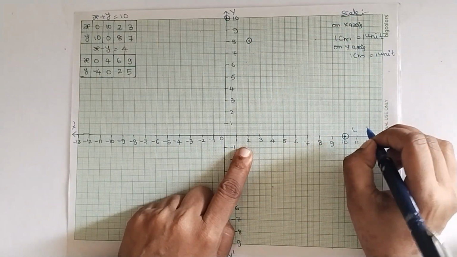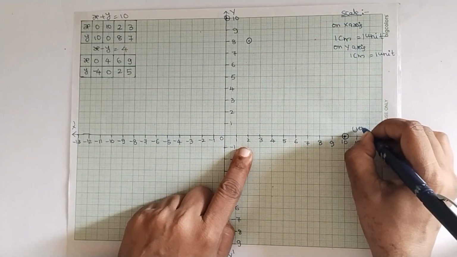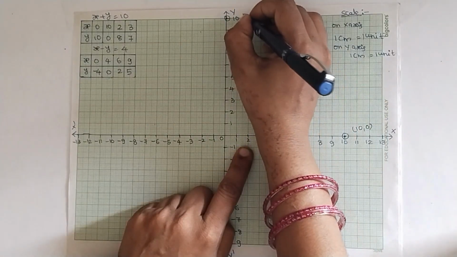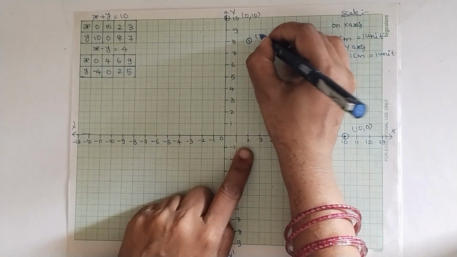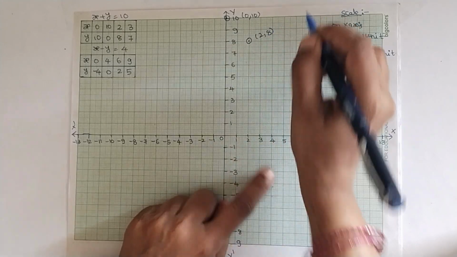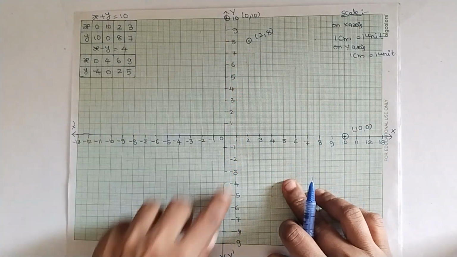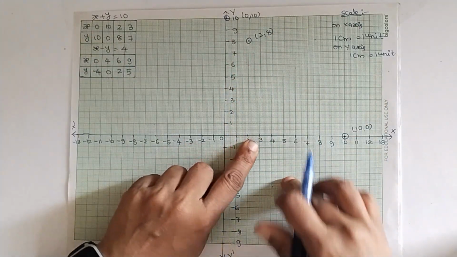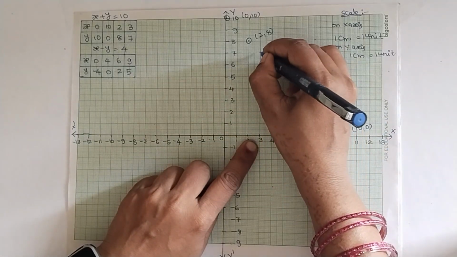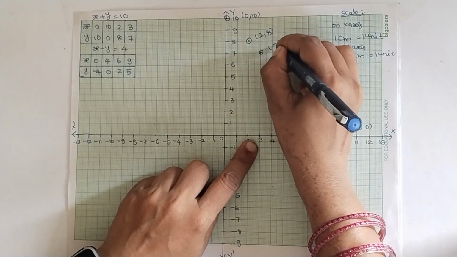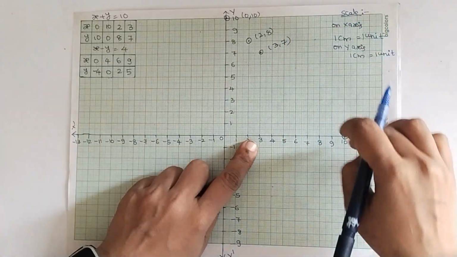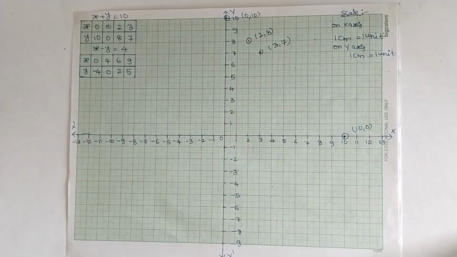Here we will write the points: 10, 0; 0, 10; 2, 8. Next, x value is 3 and y value is 7. 3, 7. Here, 4 points we have plotted.